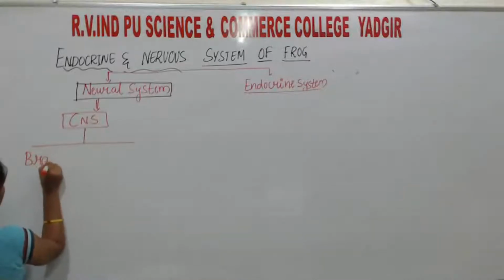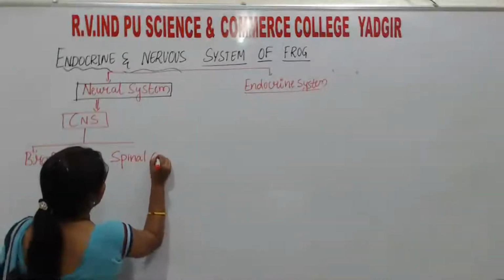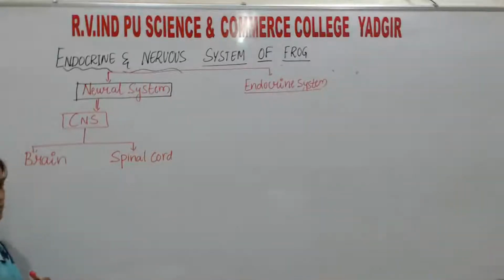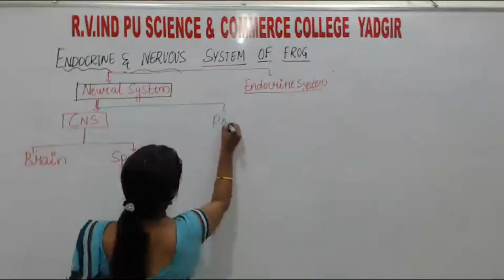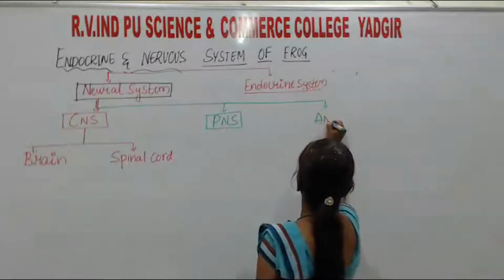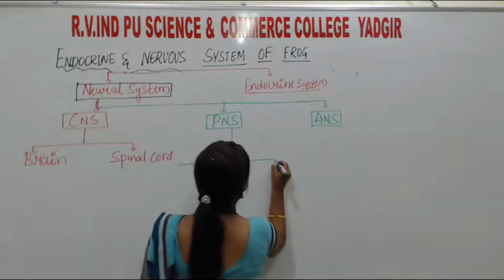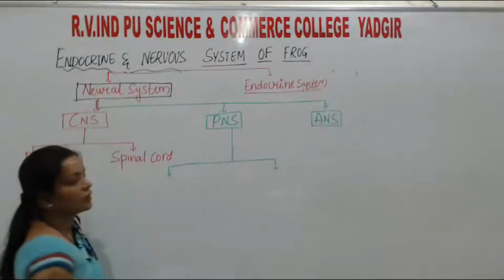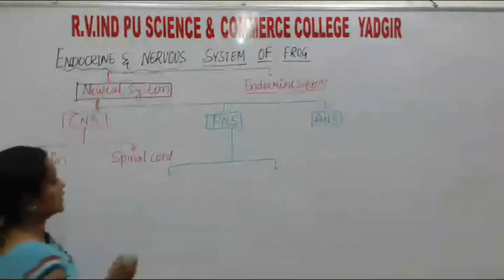They also have the PNS, the peripheral nervous system, which consists of cranial and spinal nerves.